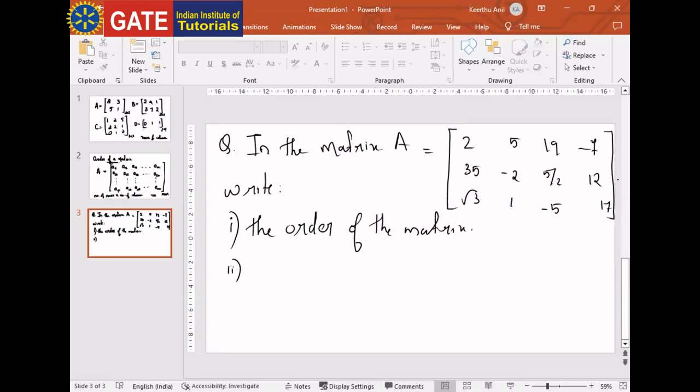Second one, the number of elements. And third one, write the elements.